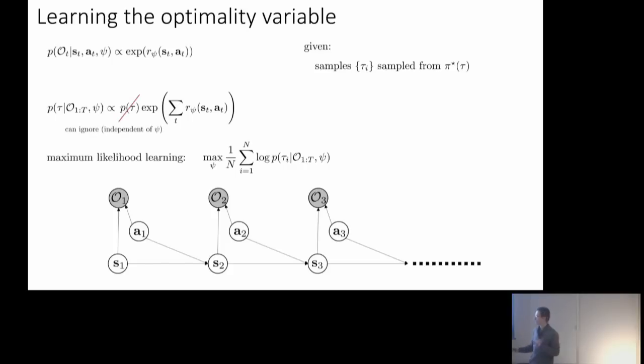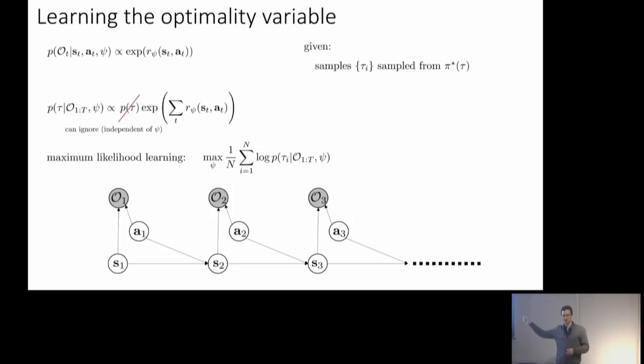So the only term that really matters is this exponential total reward term. If we take the logarithm of the exponential total reward, then our objective just becomes maximize the reward of the demonstrations. Okay, that can't possibly be the whole story, right? If we just say make the reward of the demonstrations big, that can't possibly be a valid algorithm. So there has to be a second term.